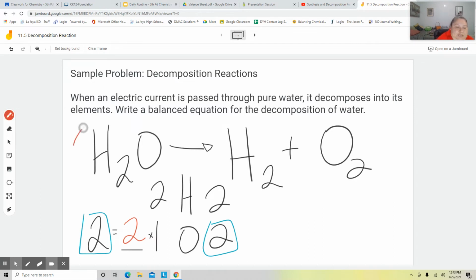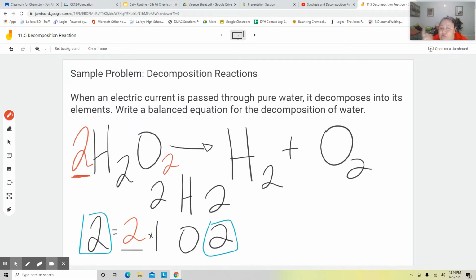So my question to you is, should I put it here or shall I put it down here? What's the rule? Is that correct? Do we change formulas when we're trying to balance? Or is it supposed to be in front as a coefficient? What's the number 1 rule?